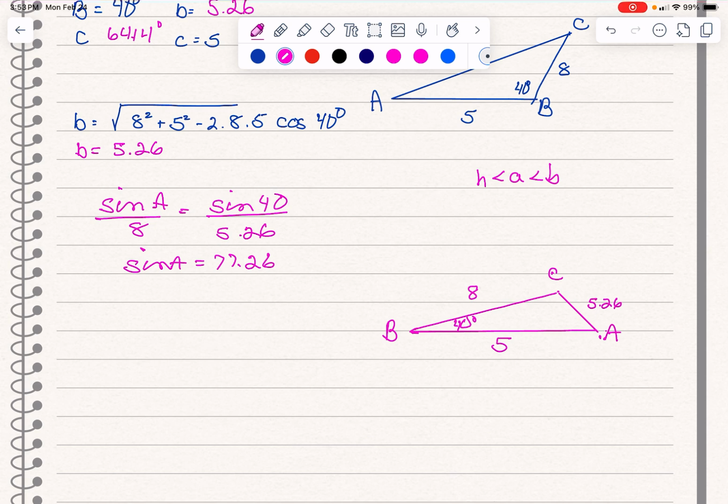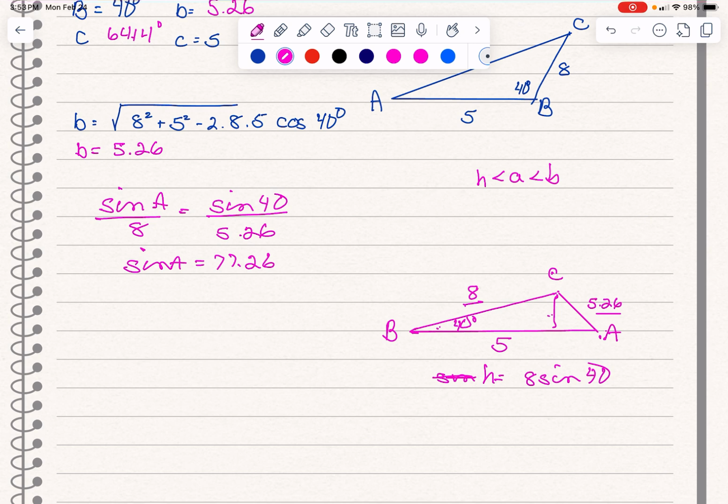You don't really have to do this, but we can find the height here. The sine of 40 degrees is the height over 8, because the altitude is the height, not the 5.26.